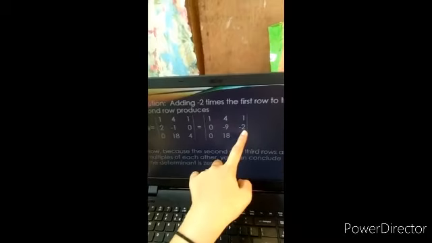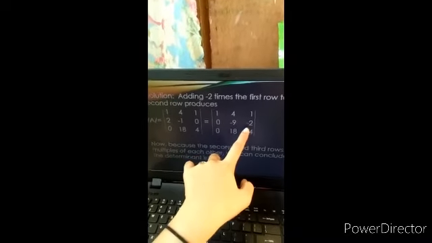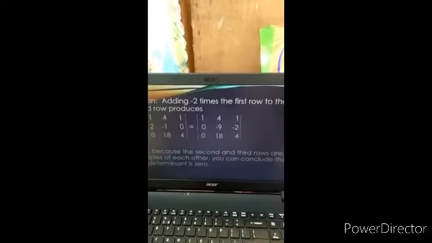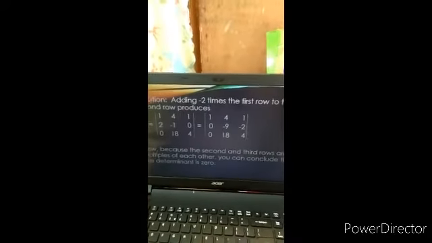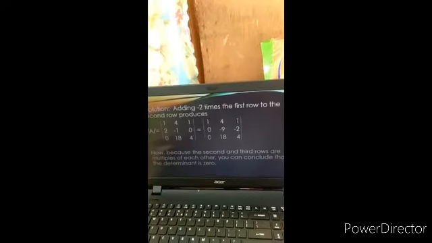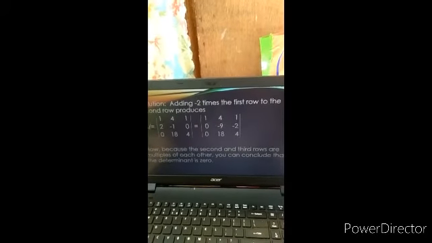So, we have produced a new second row. Now, because the second and third rows are multiples of each other, you can conclude that the determinant is 0.